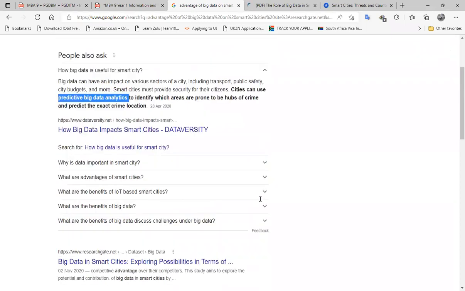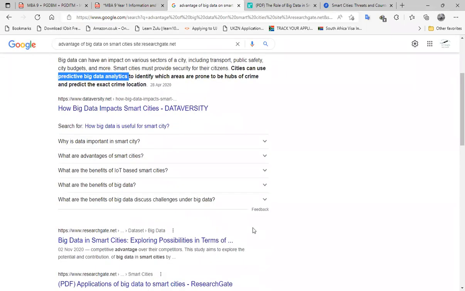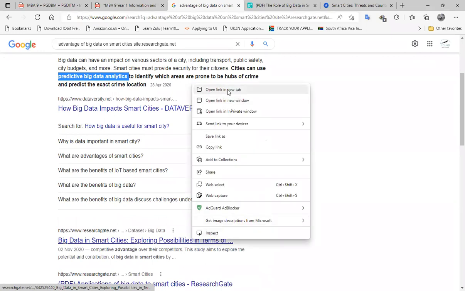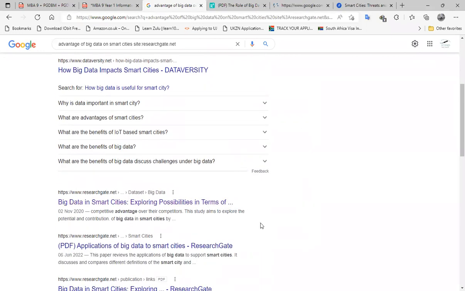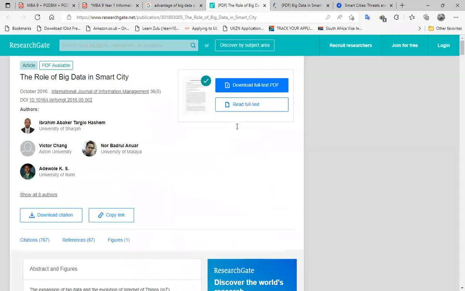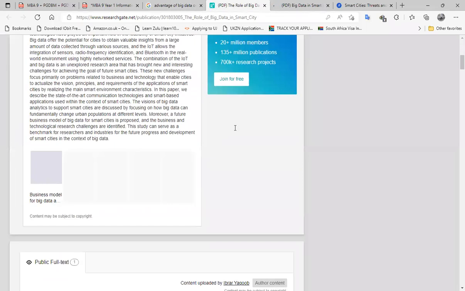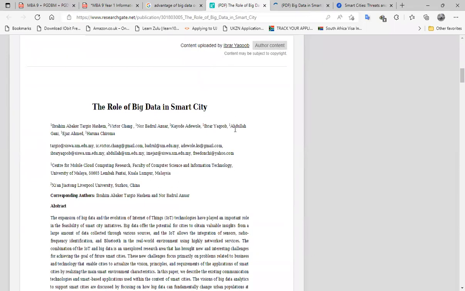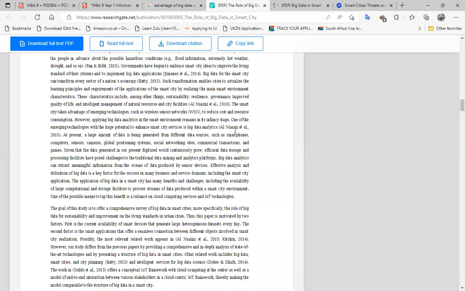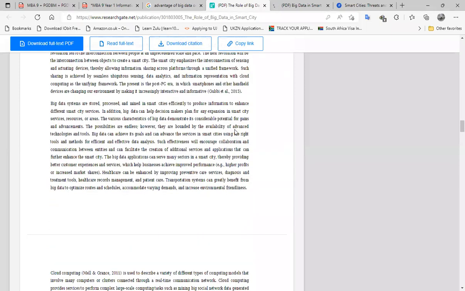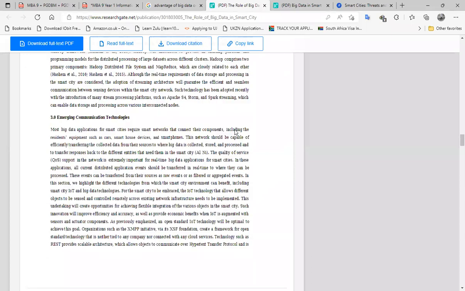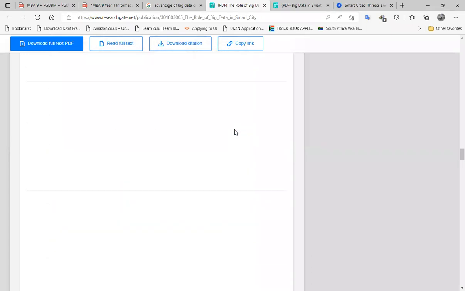The good thing about artificial intelligence, the reason why it's called artificial intelligence, is that it is so intelligent that sometimes it can even predict things that people can't even think of. That's why people are always afraid that maybe in future the robots are going to take over, right?